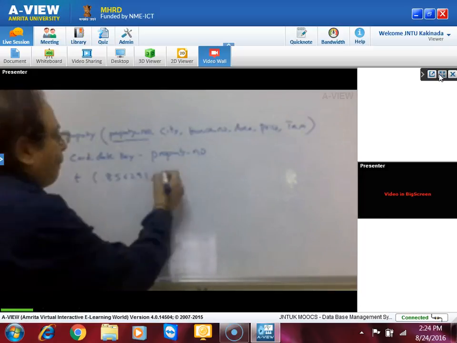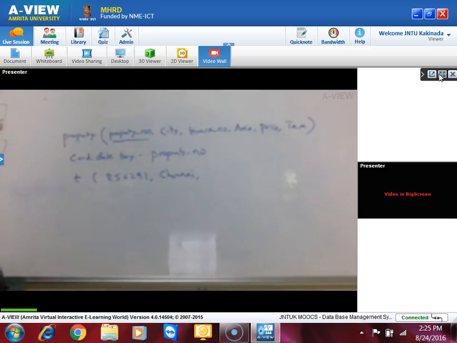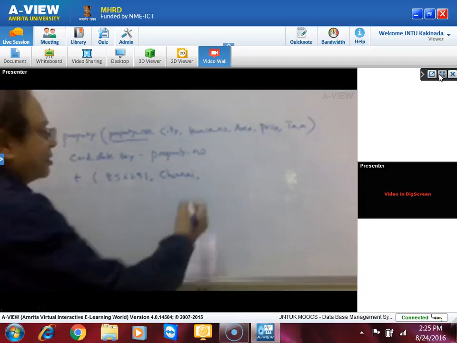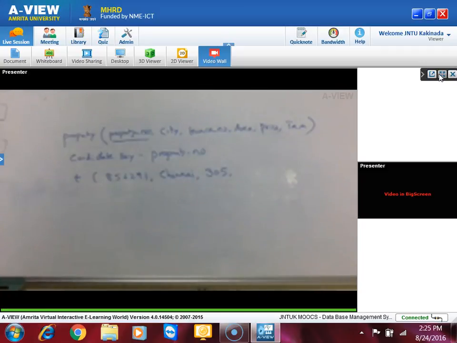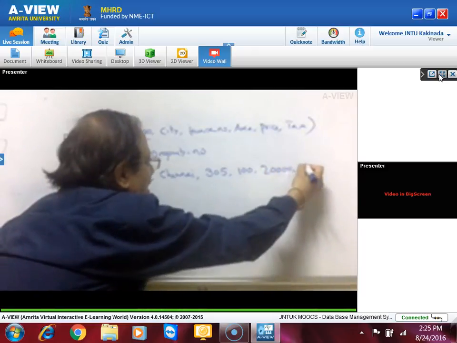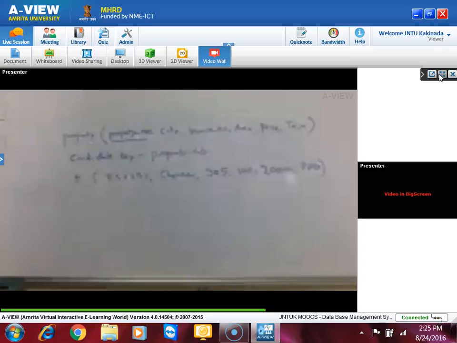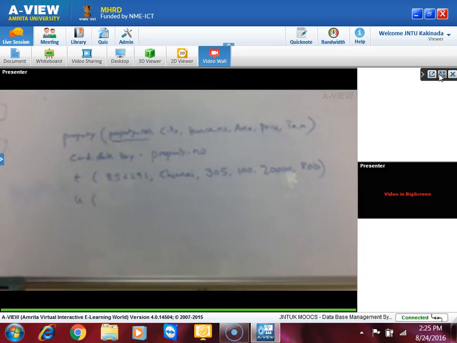And let us say this is the house number 305, the area is some 100 meters or something like that. The price is, let us say, 10,000. Tax is, let us say, some value. This is one instance of this tuple, this property tuple.